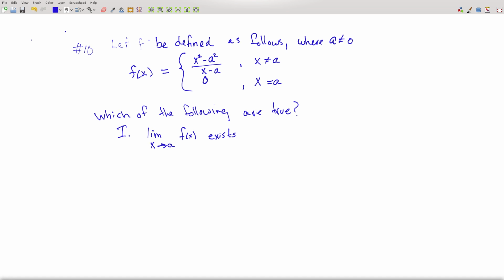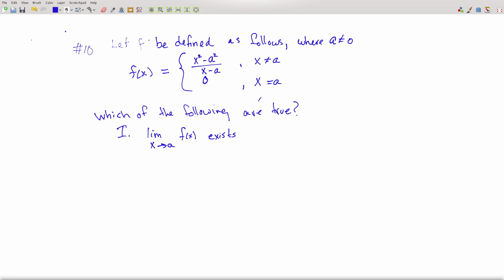So let's consider this. What does it mean for the limit as x approaches a of f of x to exist? Well, keep in mind that the limit of a function doesn't actually depend upon what is going on right there at that value. It has to do with what's happening to that function as you get really, really close to that value.